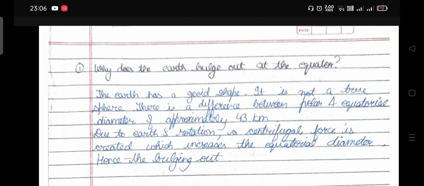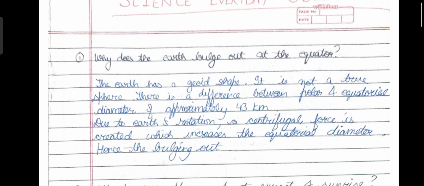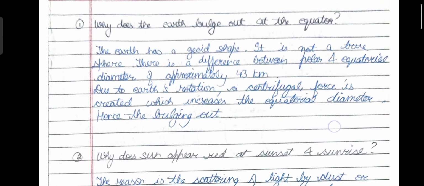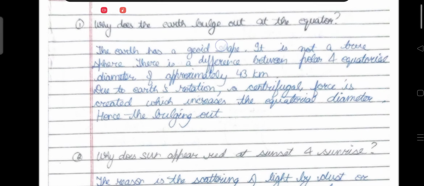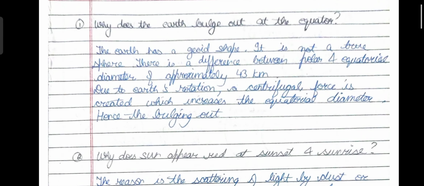The first question is, why does the earth bulge out at the equator? The reason is that the earth is not a perfect sphere. Its actual shape is known as a geoid.